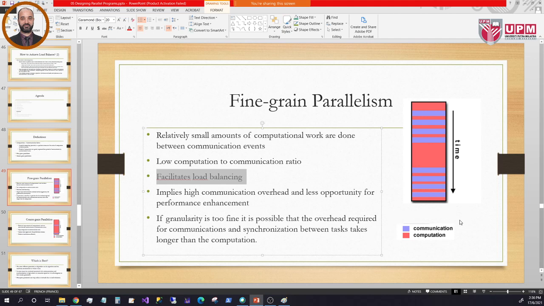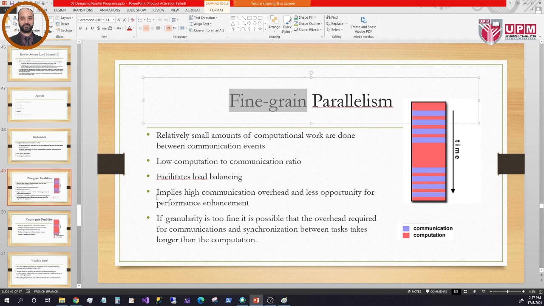But in many cases, load balancing becomes very easy when we can make it very fine grain. If we can break the program into multiple small pieces about equal in size, that is considered balanced load distribution, and the granularity is fine. So the performance in that case will be very high.